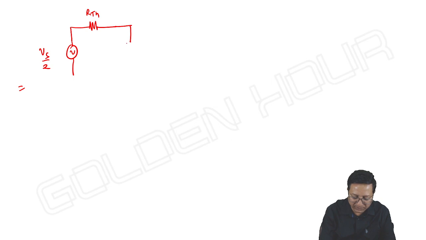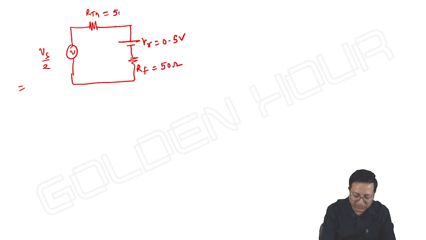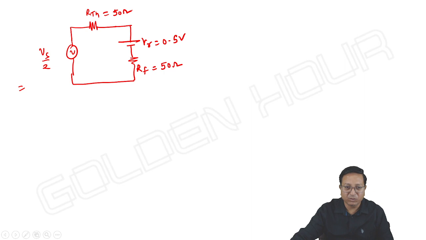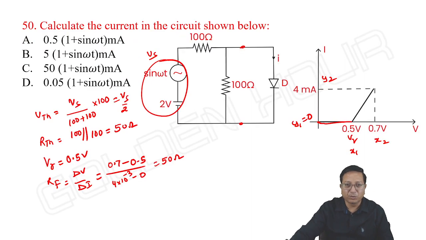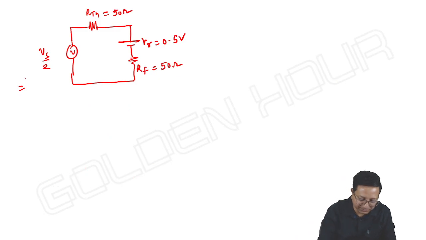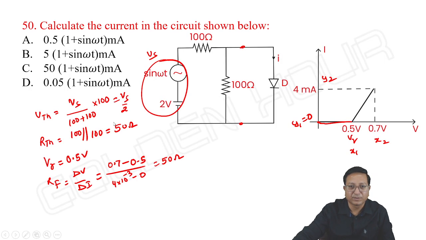Next, what we have here is the diode. The diode is replaced by V gamma of 0.5 volt in series with RF, whose value is 50 ohms. R Thevenin is also 50 ohms. Vs by 2 is 2 plus sine omega t by 2. I can write it as sine omega t plus 2.